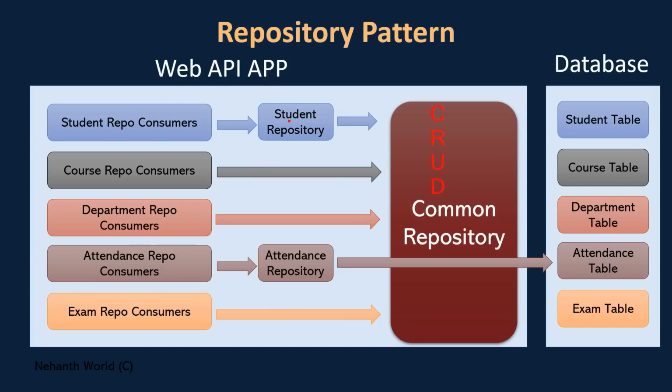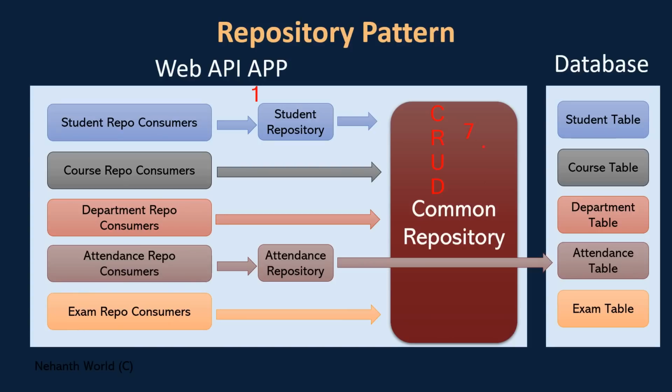In the student repository, we have implemented one method, right? In our common repository, we have get all, get student by ID, get student by name, and create, update, update partial, and delete. So we have almost created 7 methods here.